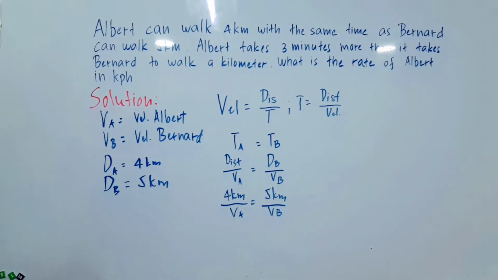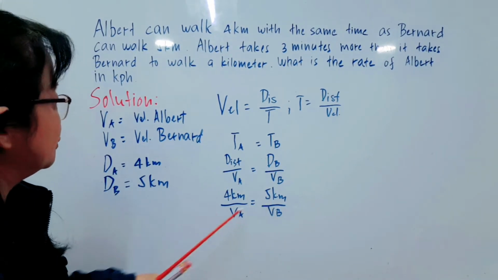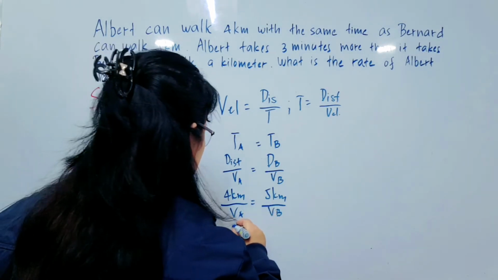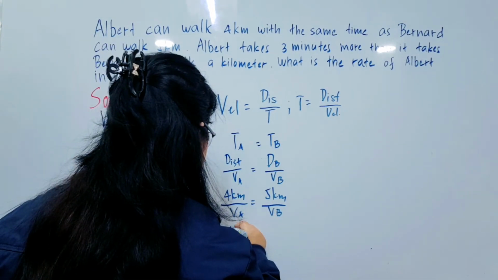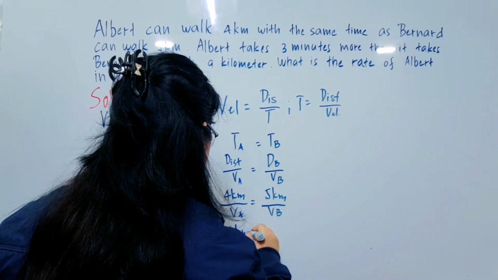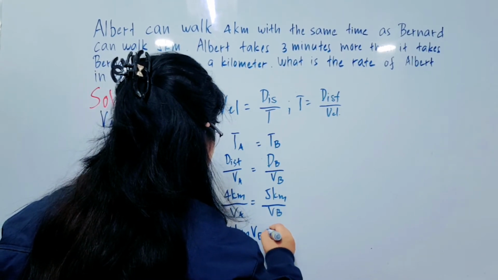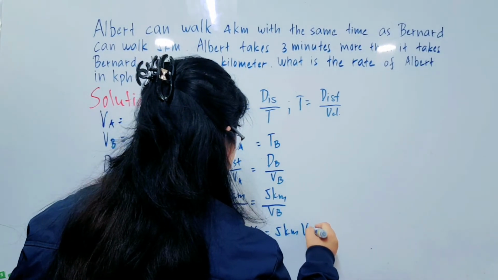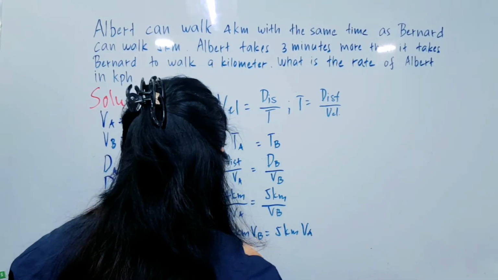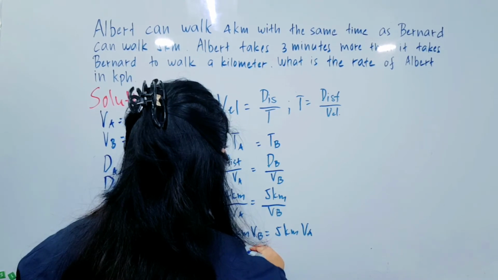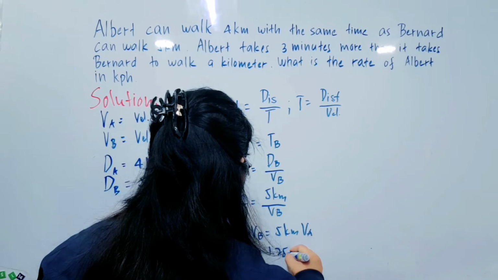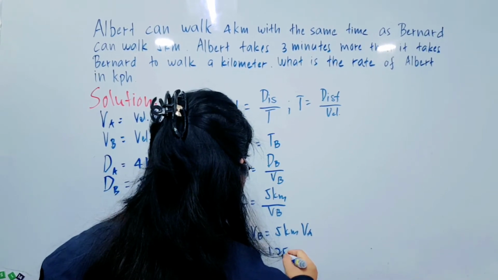So therefore, if we cross multiply this one, we'll have 4 kilometers VB is equal to 5 kilometers VA. VB therefore is equal to 1.25 VA.